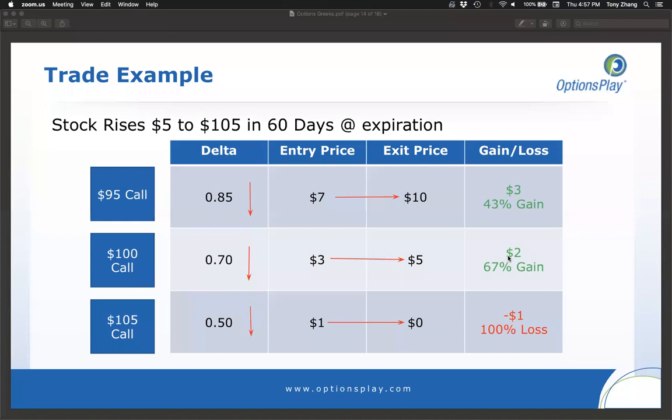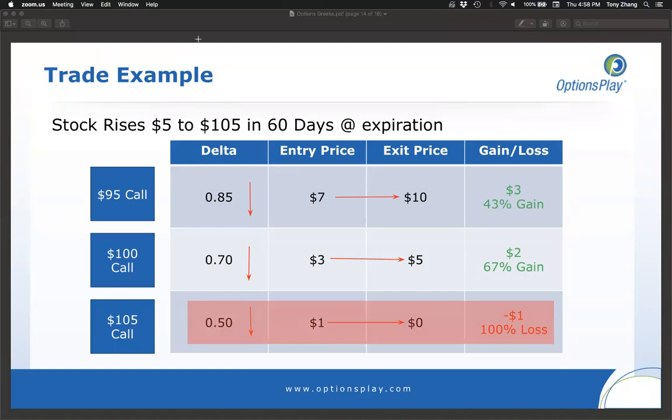So even though the stock went in the direction that I expected it to, because it didn't move a large enough move, I lose 100% of the money. So that's the downside of trading out of the money options, is that it's very easy for the stock to move in your favor and still lose 100% of your investment on that option. And that is, again, why we generally don't recommend that if you're buying an option, you go far out of the money or go out of the money at all, because you have a very high probability of just losing all of your investment.